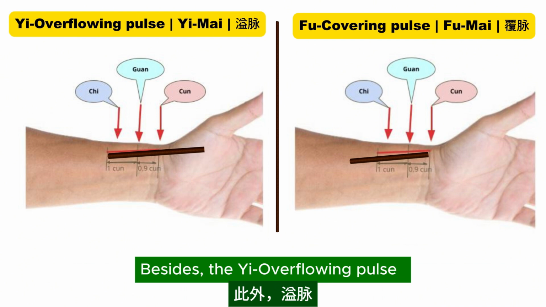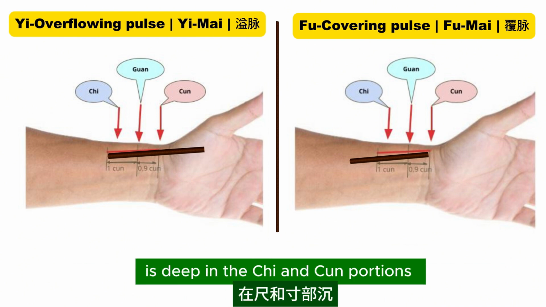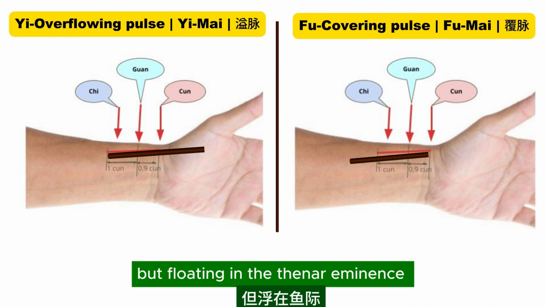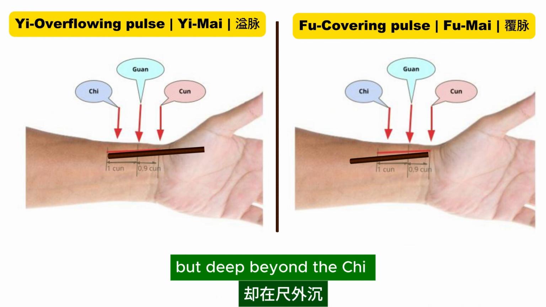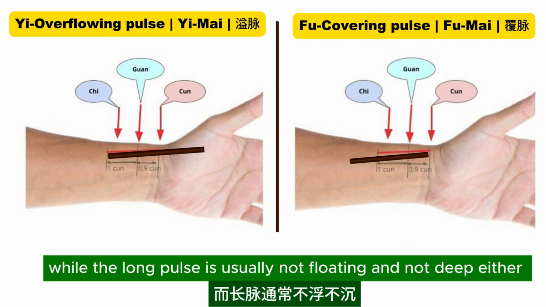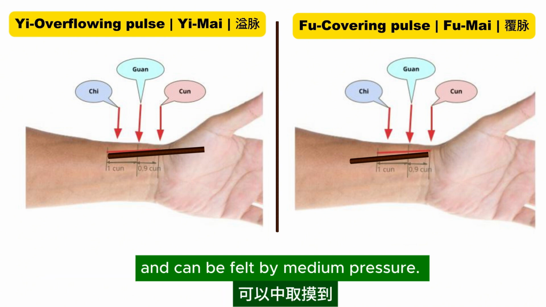Besides, the Yi overfloating pulse is deep in the chi and the chun portions, but floating in the thenar eminence. The Fu covering pulse is floating in the chun and the chi, but deep beyond the chi, while the long pulse is usually not floating and not deep either, and can be felt by medium pressure.